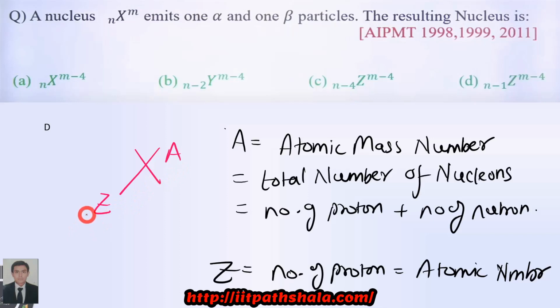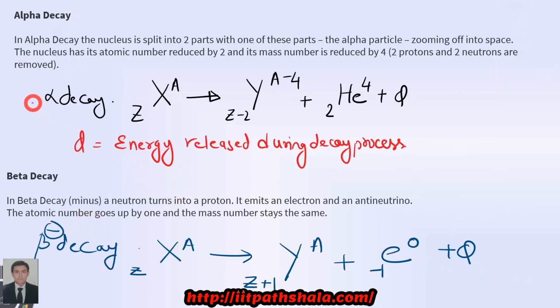Now, let us talk about alpha decay in a very crisp manner. In alpha decay, the nucleus splits into two parts, one of which is your alpha particle. So your atomic number is reduced by 2, and your mass number is reduced by 4.